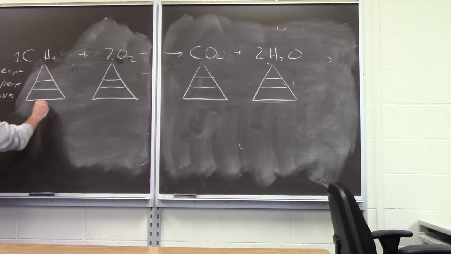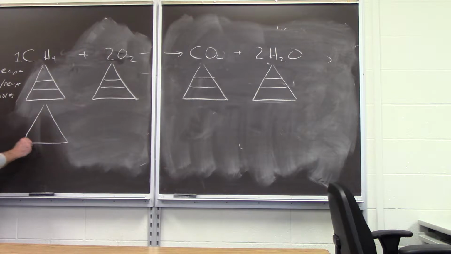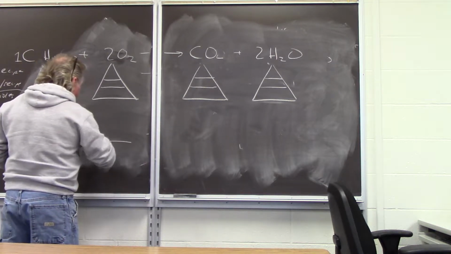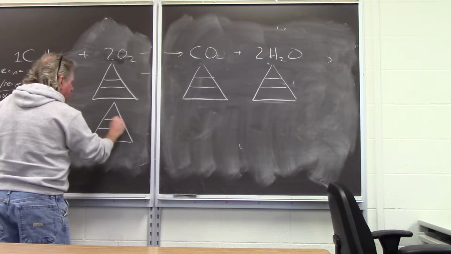The other grouping you can use here is the molar mass triangle, where you have grams per mole, moles, and grams. You notice these two are the same, so whatever you get here is the same as you have here. I'll do an example of this.